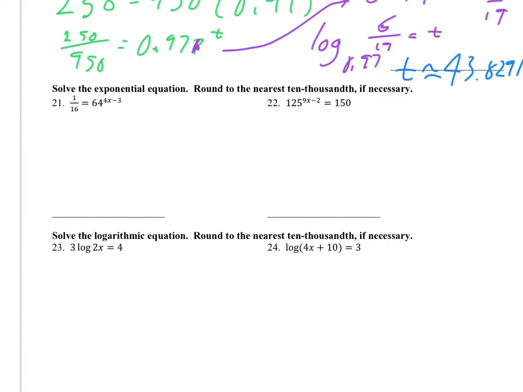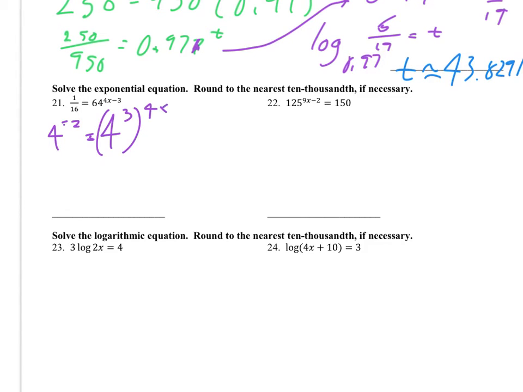Alright, for numbers 21 and 22, we're solving the exponential equation. For 21, we could use the common base approach. That's what I'll show. If you wanted to use logarithms, you could. But again, when it works out to be a nice number, sometimes people have trouble with that log form. The reason the common base works is because 16 and 64 are both powers of 4. 1/16 would be 4 to the negative second, and 64 is 4 to the third.